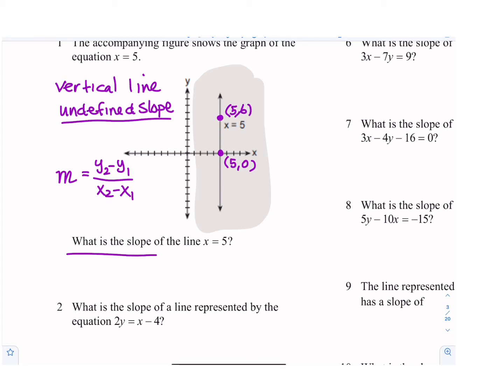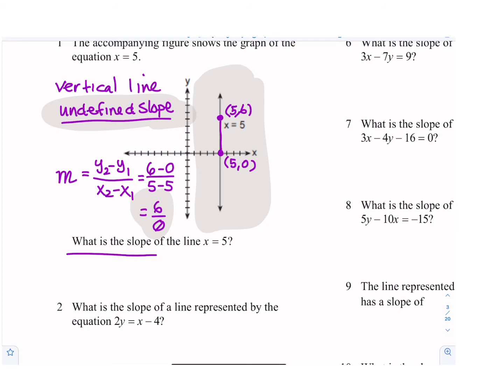So what would be the slope of the line between these 2 points? Well, if we were to do y2 minus y1, maybe we do 6 minus 0, and x2 minus x1 would be 5 minus 5. The problem is we get 6 divided by 0, which is a problem. You cannot divide by 0. This is undefined. So whenever you divide by 0, you get something that is not a fraction, it is not a number, it is not defined.